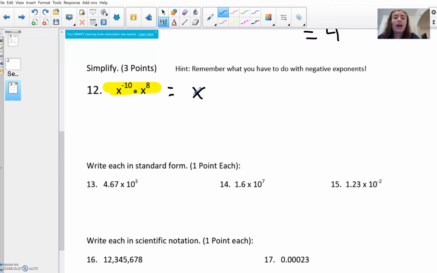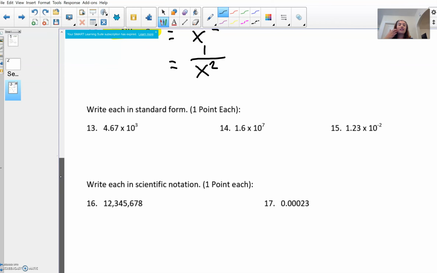So you're going to add negative 10 plus 8, and that's going to leave you with negative 2. Now we have to remember what we did with negative exponents. I never want an answer with negative exponents unless I ask for them. So we have to rewrite this. So again, the x squared moves to the bottom with a positive sign, and it's under 1.